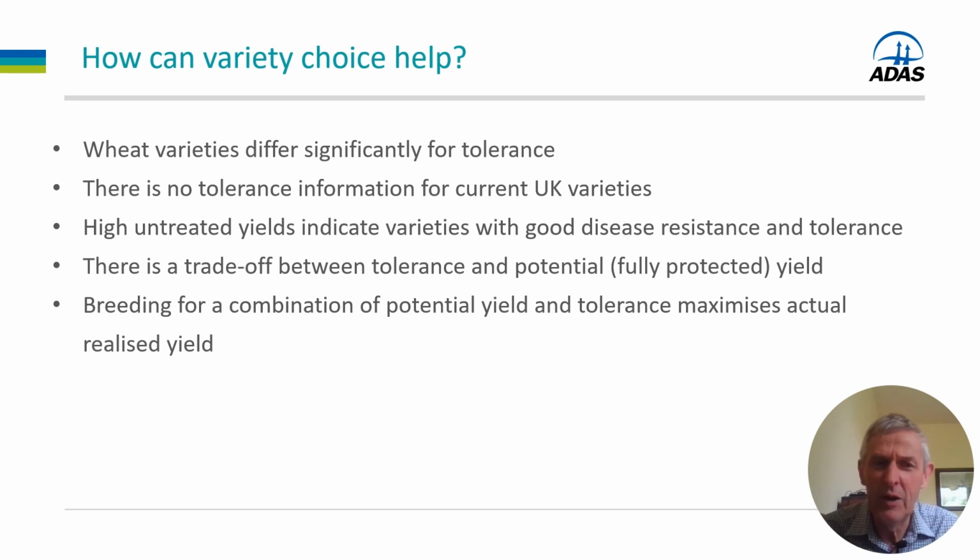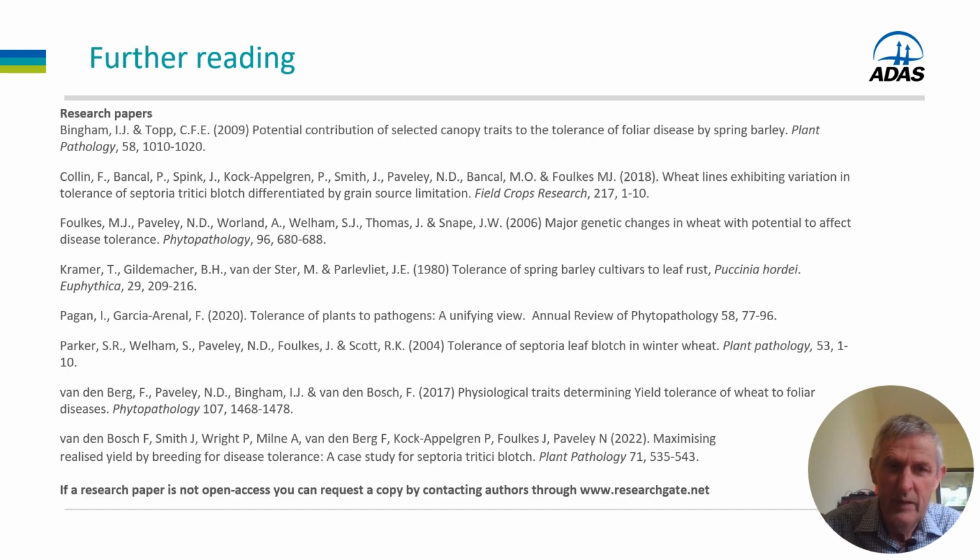There is a trade-off, as we've seen, between breeding for tolerance and breeding for potential or fully protected yield, and breeding for a combination of potential yield and tolerance is actually what's needed in order to maximize the actual realized yields that we can achieve in the field. And if you'd like to know more about this subject, there are quite a few publications to look at.